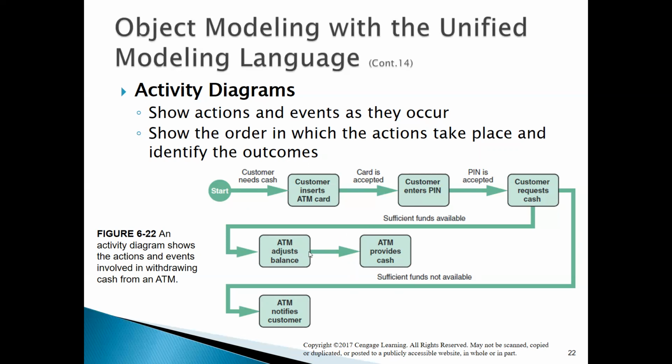The customer checks the balance and then gets the cash, or the customer directly enters the amount and is told that there are either sufficient or insufficient funds. So that's an activity diagram. It shows the order in which activities take place and identifies the specific outcome.